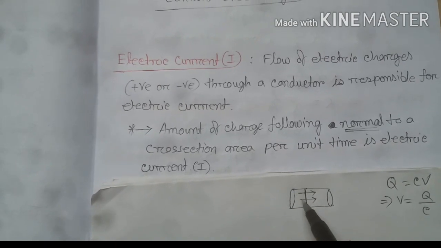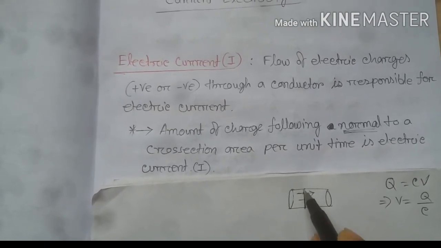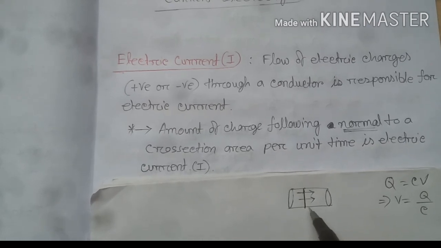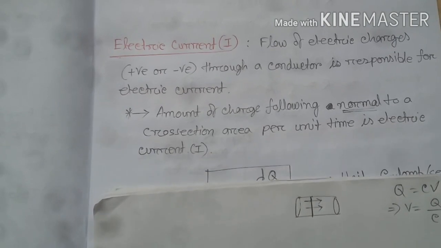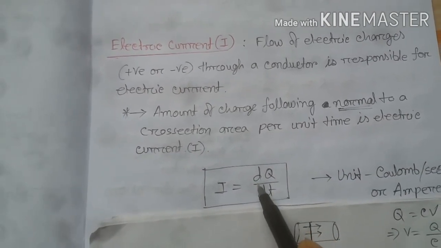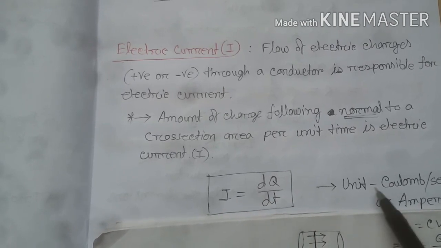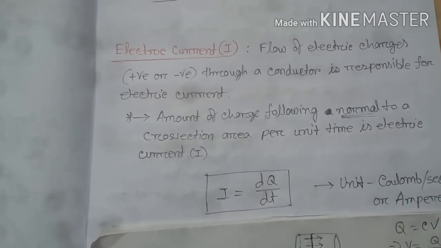Suppose this is a conductor, electrons are flowing in this direction, and this is a normal plane, normal to the flow of electric charges. So in mathematical form we can write I equals dq by dt, that means rate of flow of charges, and the SI unit of current is coulomb per second, or ampere.